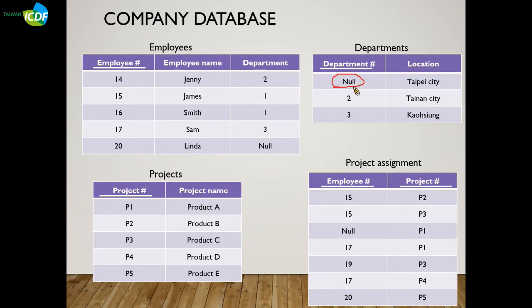So we can find that this tuple violates the entity integrity rule, so the department table violates the integrity rule.